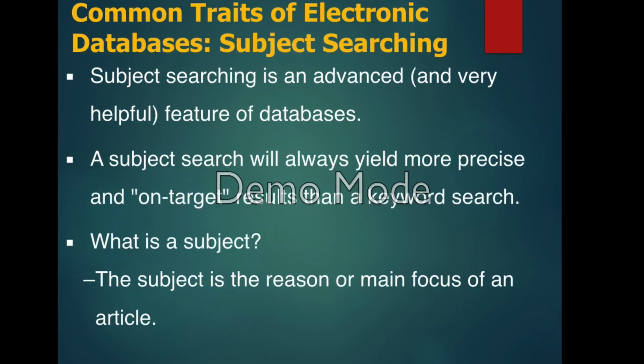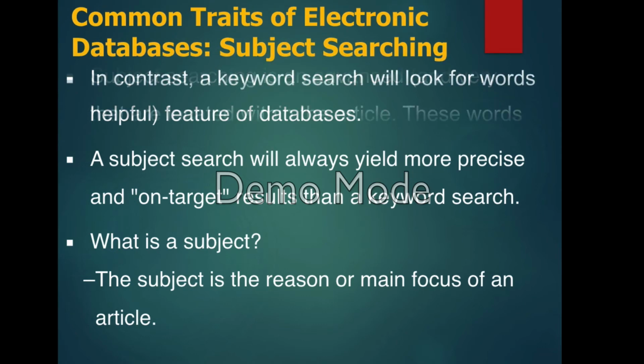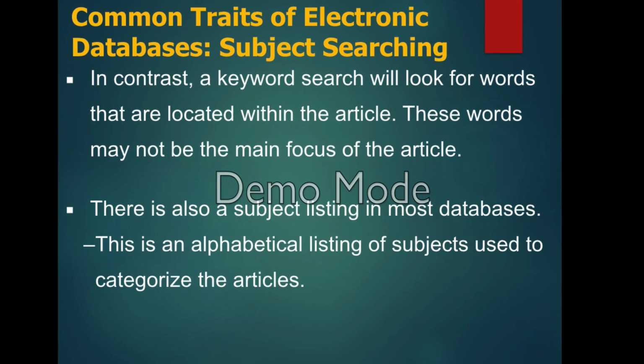Now, another trait of electronic databases is subject searching. The subject searching is an advanced and very helpful feature of a database. A subject search will always yield more precise and on-target results than a keyword search. Now let's look at what is a subject. A subject is the reason or main focus of an article. In contrast, a keyword search will look for words that are located within the article.